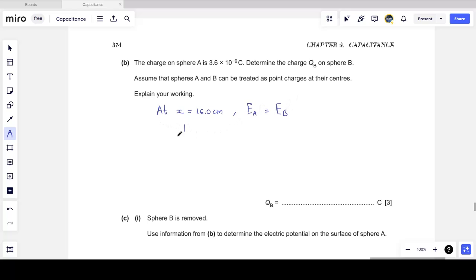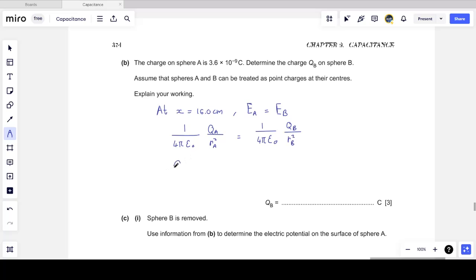So if I write the mathematical expression for the electric field strength at A, it's 1 over 4 pi epsilon naught times QA over RA squared, that's the charge on A divided by the distance to that point, is equal to 1 over 4 pi epsilon naught times QB over RB squared.